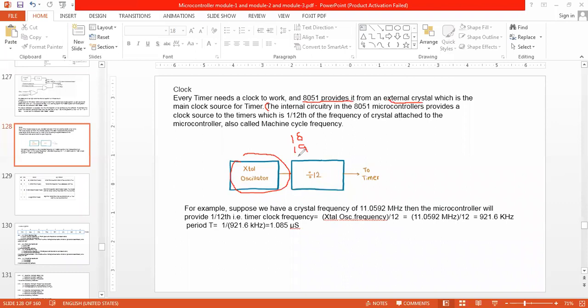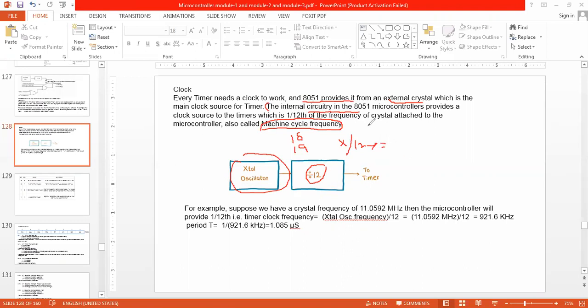Then the internal circuitry of the 8051 provides the frequency of the crystal divided by 12. This frequency is called the machine cycle frequency. Whatever output we are getting, that is the machine cycle frequency.